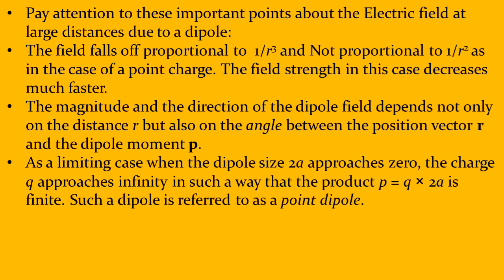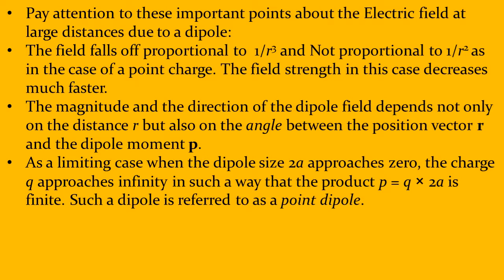Because if q is becoming bigger and bigger, this product should not become infinite. So such a dipole is referred to as a point dipole. That means 2a approaches 0, but the dipole moment vector is finite. Such a dipole is called a point dipole.